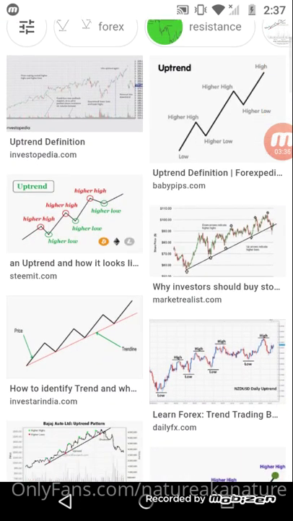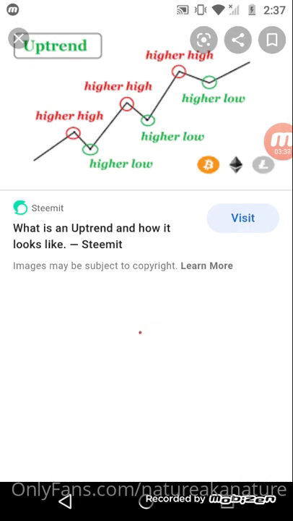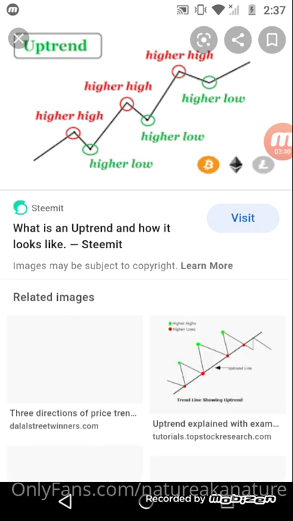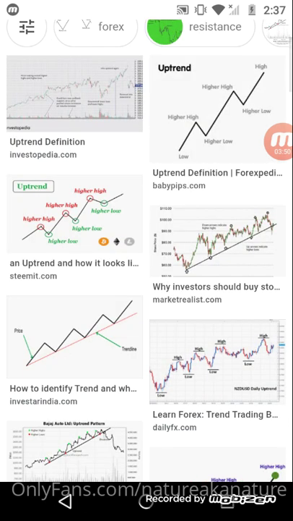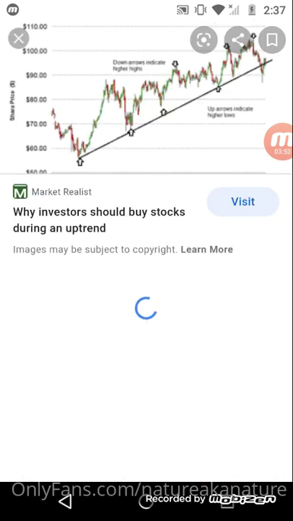Same thing here. Let me show you some more pictures before we actually dive in. Higher high, higher high, higher high, higher low, higher low, higher low. So this is what an uptrend looks like. Again, here's another example of an uptrend.